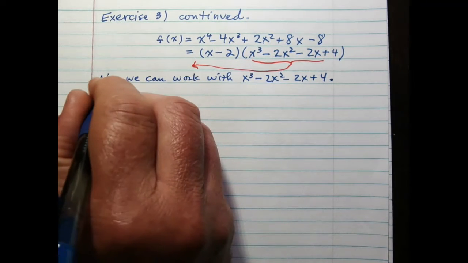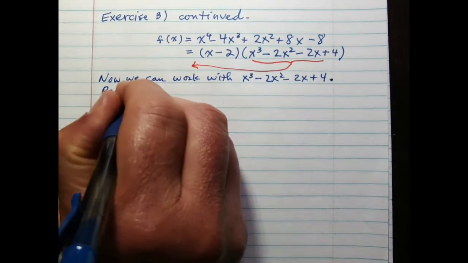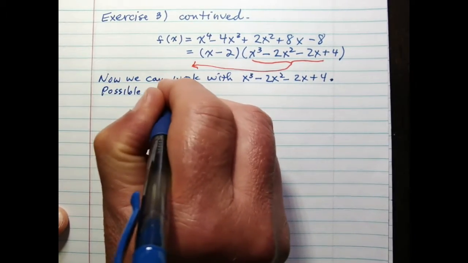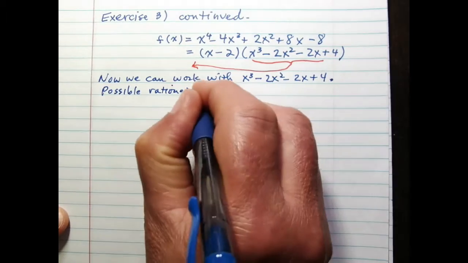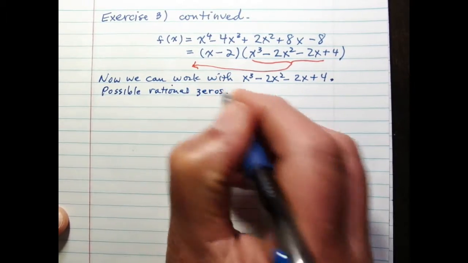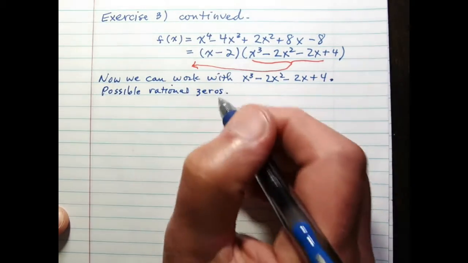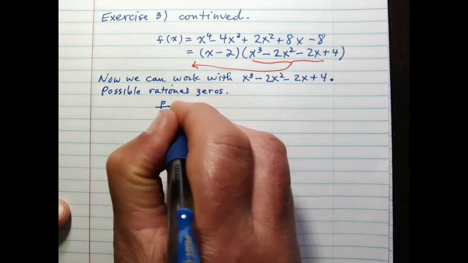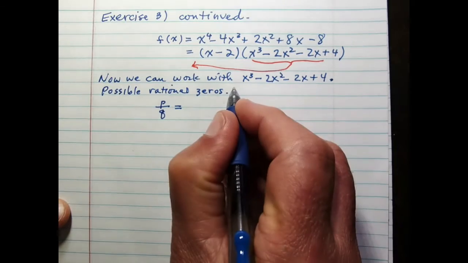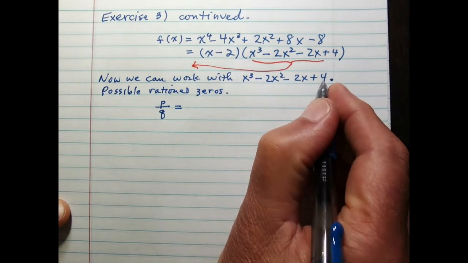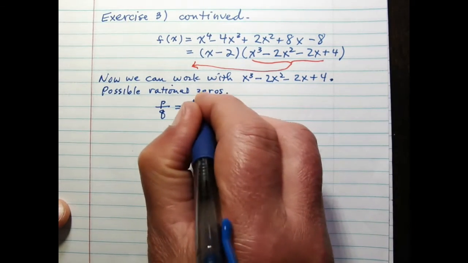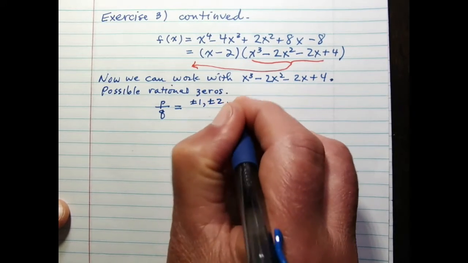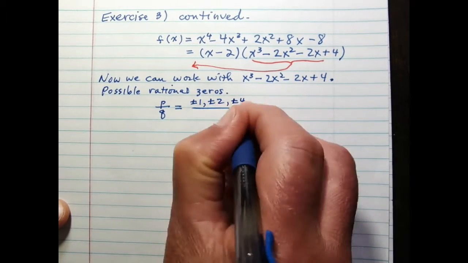And it's got its own list of possible rational zeros, which will be a little bit less complicated than the original polynomial. Our p over q for this polynomial would be just factors of 4, plus or minus 1, plus or minus 2, plus or minus 4, over factors of 1.